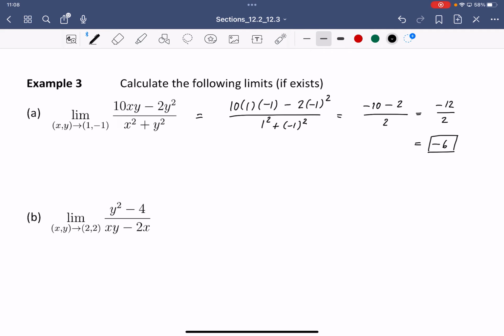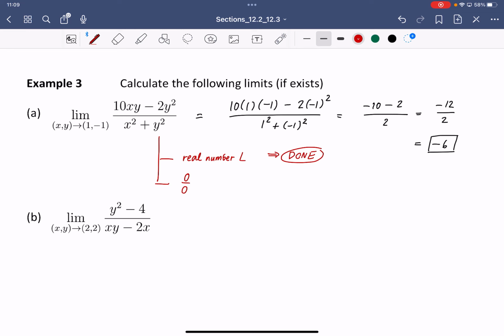As before, if you plug in and you get some real number L, as in calculus 1, then you are done because the answer is that number. Sometimes you're gonna get 0 over 0.